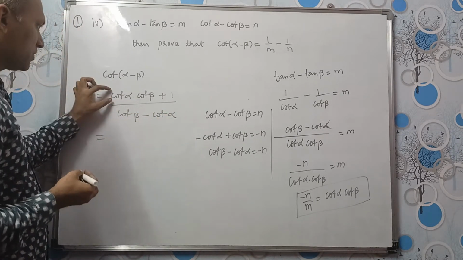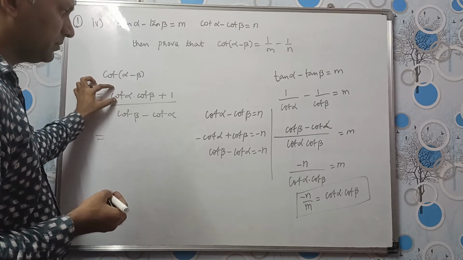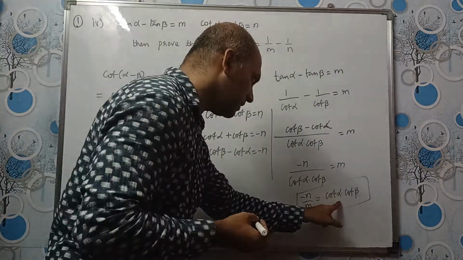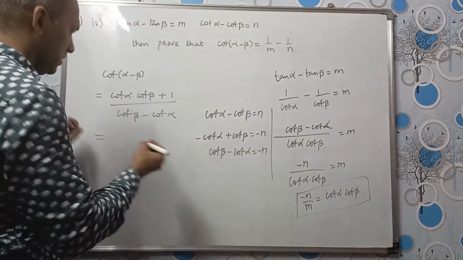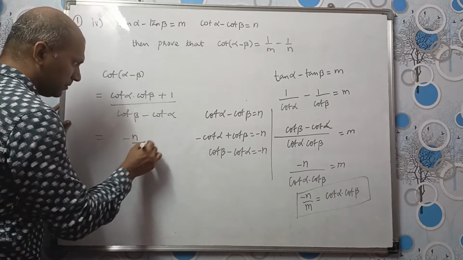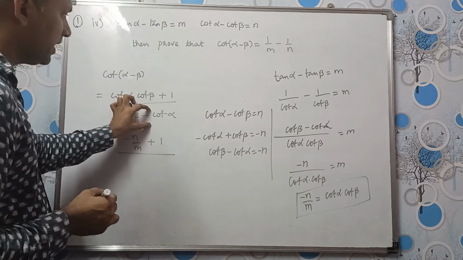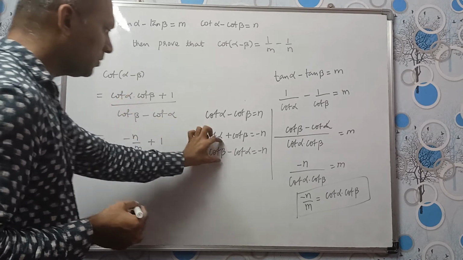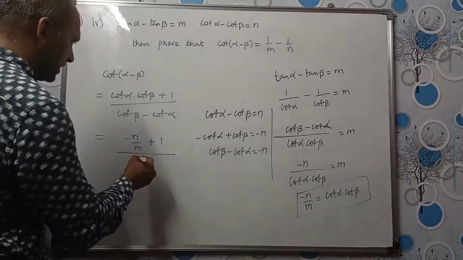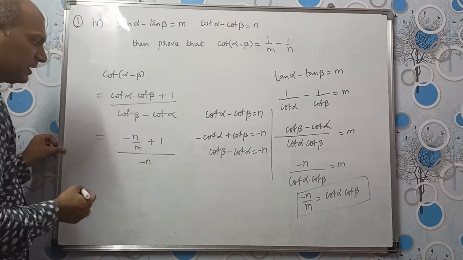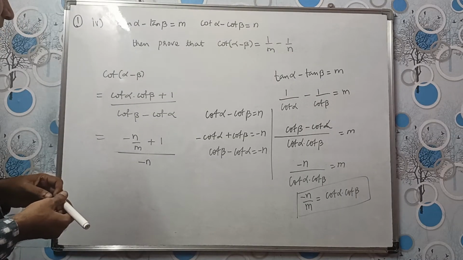So what is cot alpha cot beta? Cot alpha cot beta is minus n by m plus 1 divided by cot beta minus cot alpha. Cot beta minus cot alpha is minus n, so this is minus n.